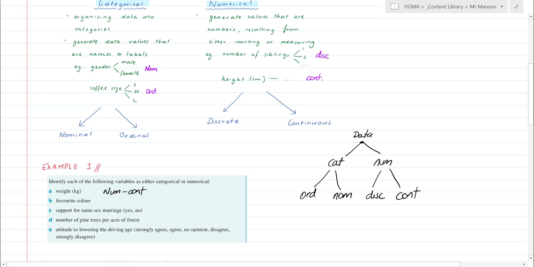And favourite colour? I can't hear very well. Categorical and nominal, good. Support for same-sex marriage. I think it's ordinal.